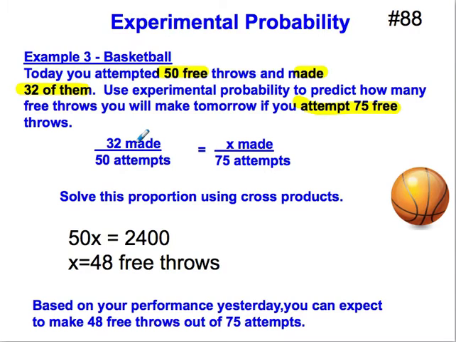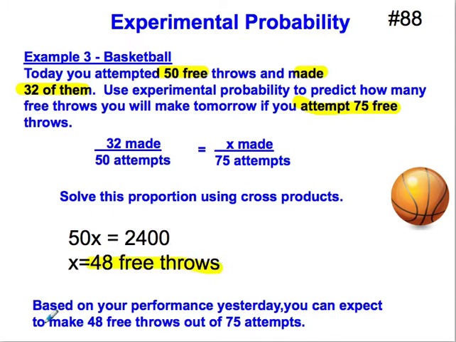So today we had 32 out of 50, and then we want to predict for tomorrow. We don't know how many we're going to make, but we are going to make 75 attempts. So we're going to solve using cross products. 50 times x is 50x. 32 times 75 is 2400, and if we divide by 50 on both sides, we get 58 free throws as a prediction for tomorrow.